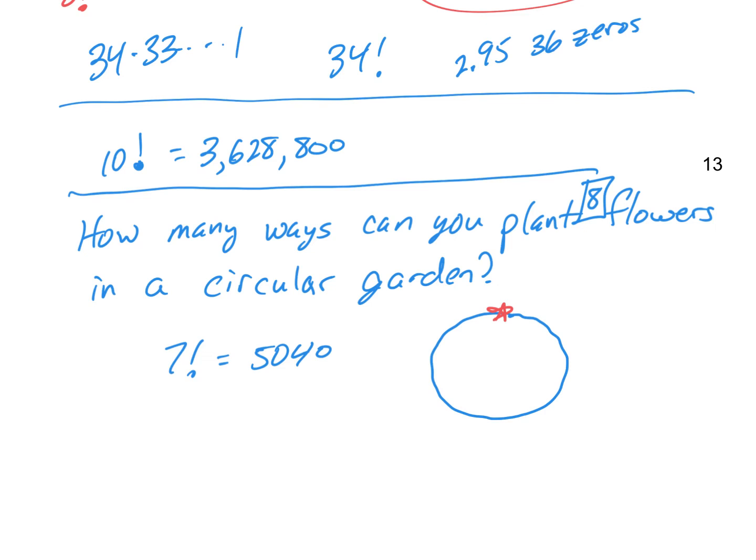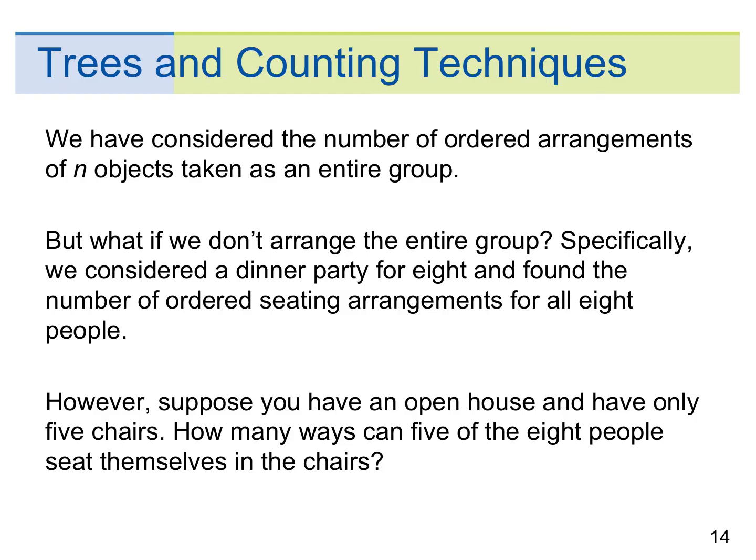So if there's a circular permutation, ready? How many ways can 10 people line up in a line? 10 factorial. How many ways can 10 people go into a circle? 9 factorial. Commit it to memory. That's a circular permutation.